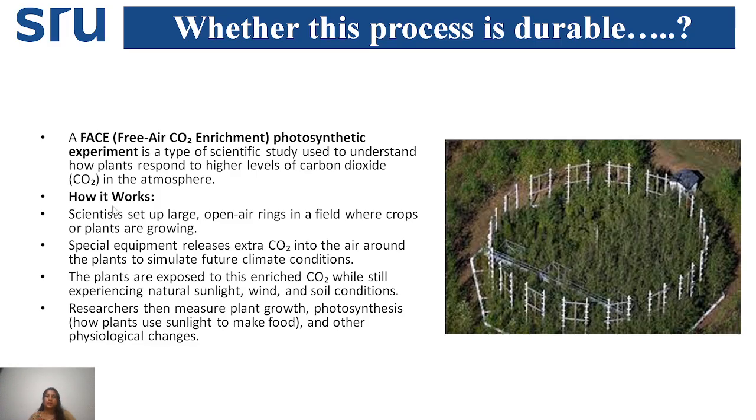To analyze which crop is more beneficial, we have a structure called the free air carbon dioxide enrichment structure, or FACE structure. Here you are seeing this large open ring structure in the field. These ring structures release carbon dioxide. In natural conditions, with normal light and water, they increase the carbon dioxide surrounding these plants and test the performance of the plants in the high carbon dioxide range.